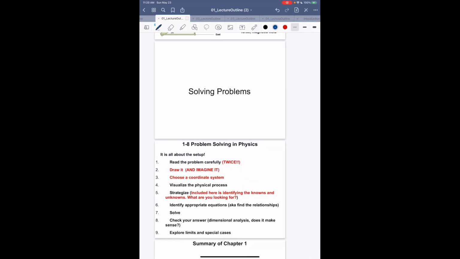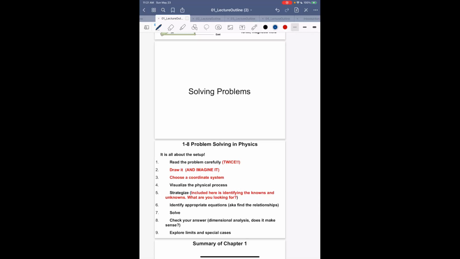Now, this is the problem-solving technique. Of course, you're going to read the problem carefully and always finish reading the problem. Draw it and imagine it, because this is the difficulty in physics, the connection between real life and what we have in the text.